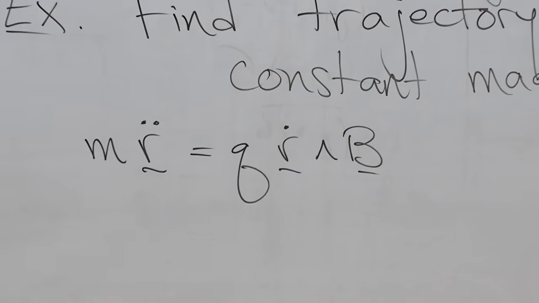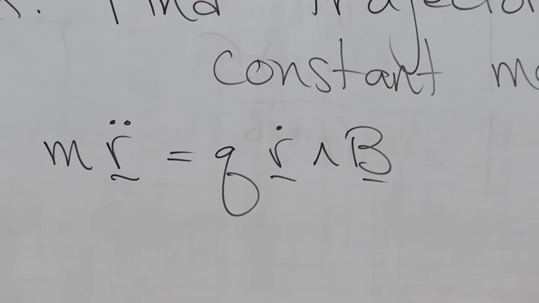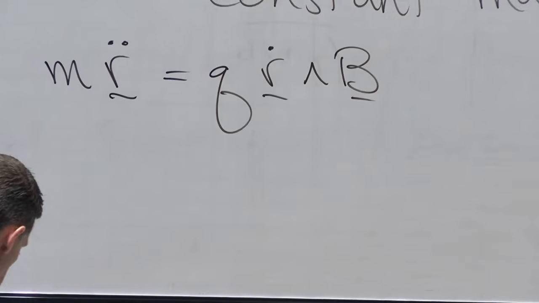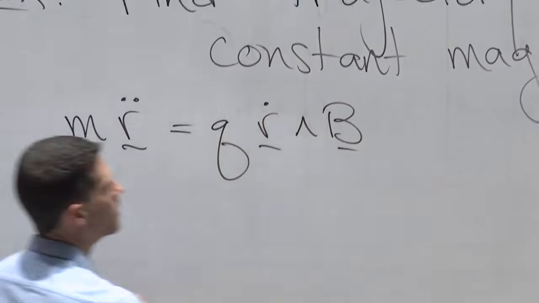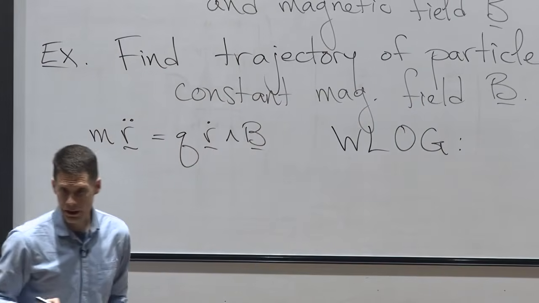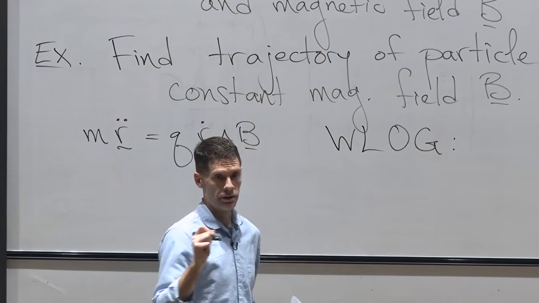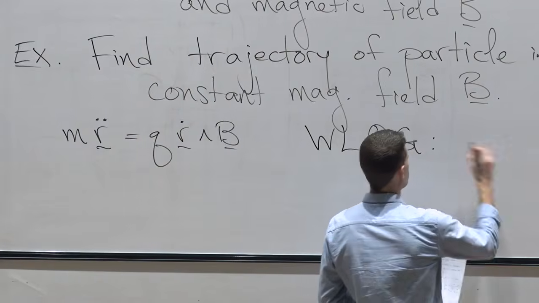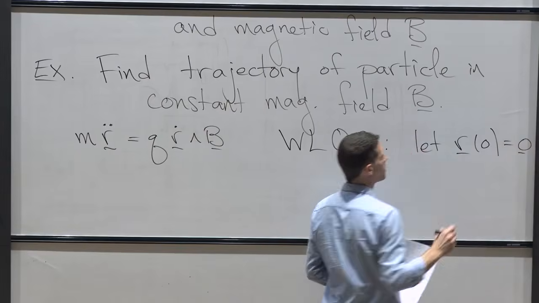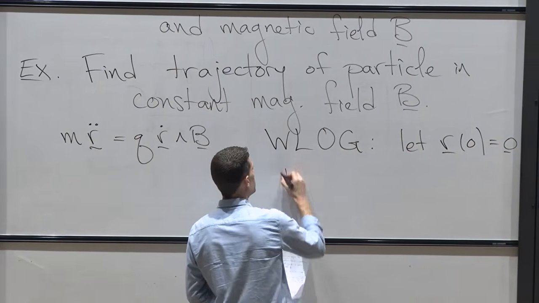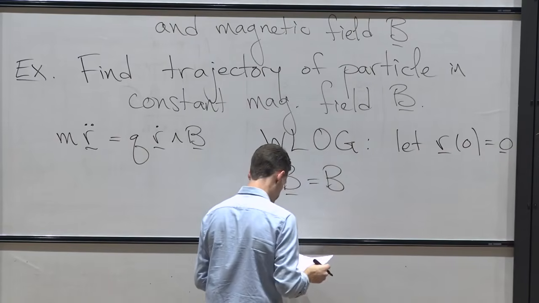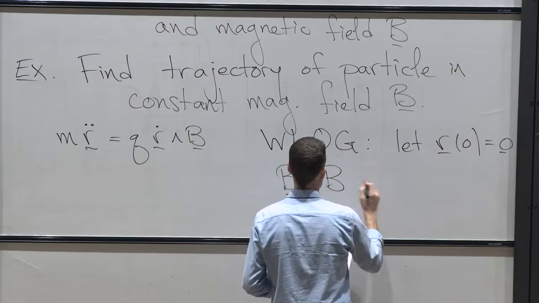So let's choose B to align with the z-axis, say. A couple of things I can do without loss of generality. I can start the particle at the origin. So I shift my origin to wherever the particle was at t0. Let r of 0 be the origin. I'm going to let B be scalar B e_z.